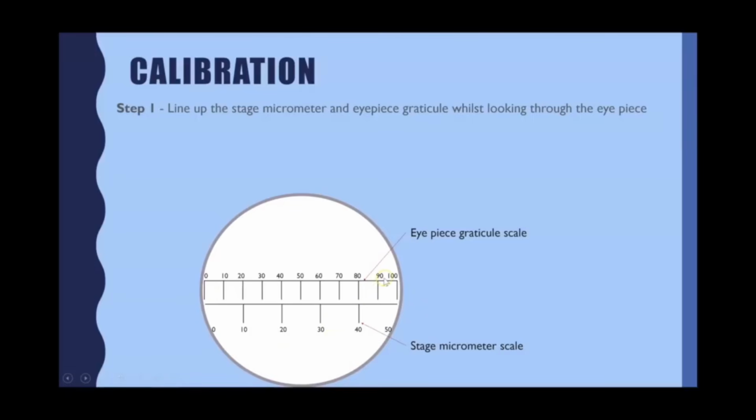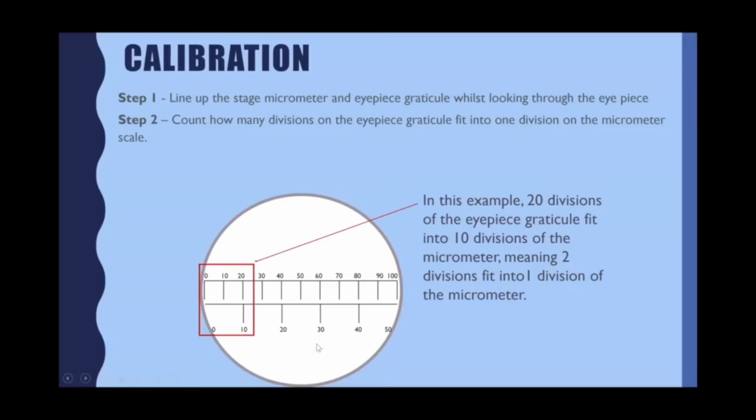You have the eyepiece graticule scale, and you line that up directly next to your stage micrometer scale, so they're next to each other, as you can see in this image. Step two, you need to count how many divisions on the eyepiece graticule scale fit into one division on your micrometer scale. You might find that easier to work out from this worked example.